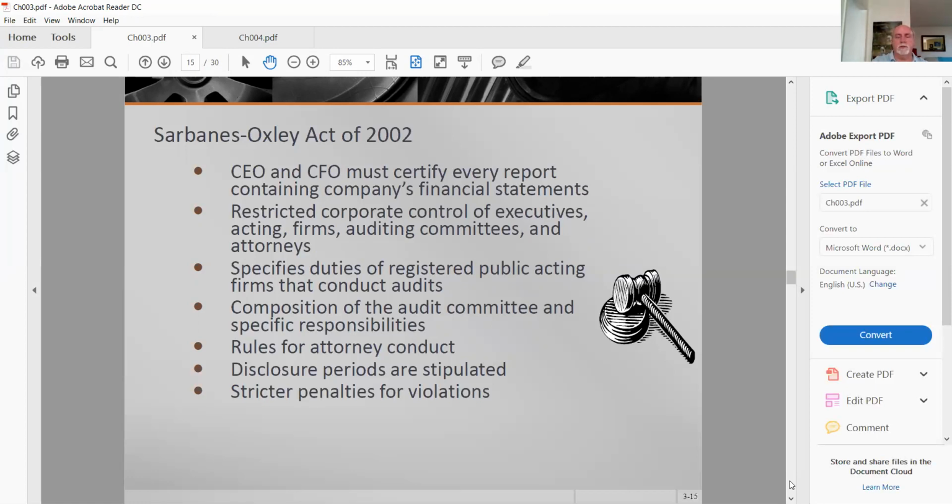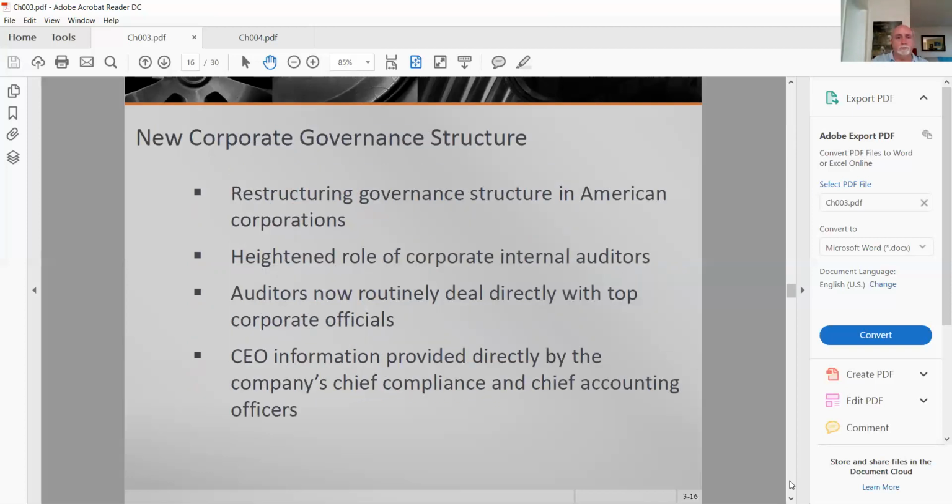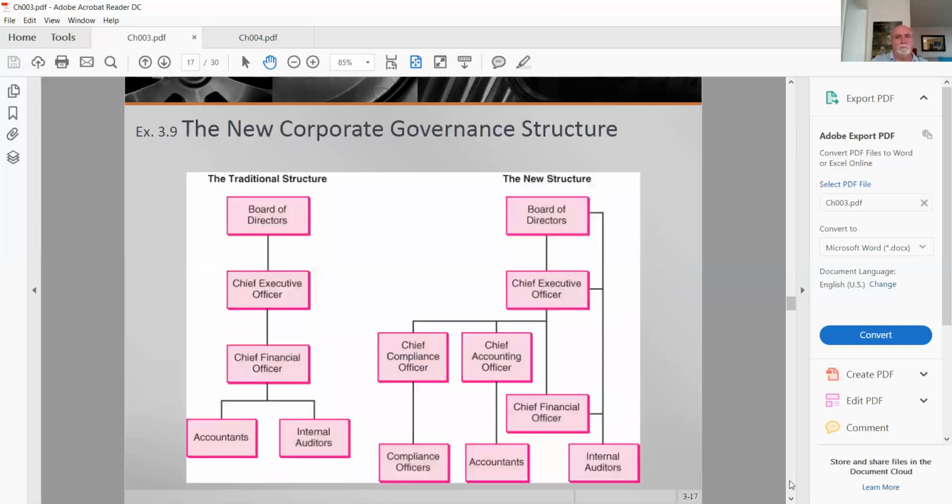Because as a member of the C-suite, you have a fiduciary responsibility to comply with all of these things that are here. So even if you are an information specialist or a knowledge management specialist, some of these issues can be reflected to you. Okay? We do have a new governance structure.